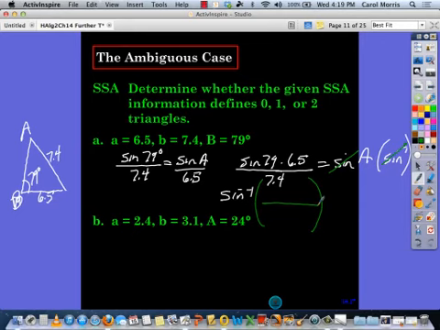I'm going to do the sine of 79 times 6.5, and go ahead and divide that by the 7.4. So we have that value, and then we have to do inverse sine of that answer. And we're getting about a 59.6, we'll say. So angle A comes out to be about a 59.6 degree angle.